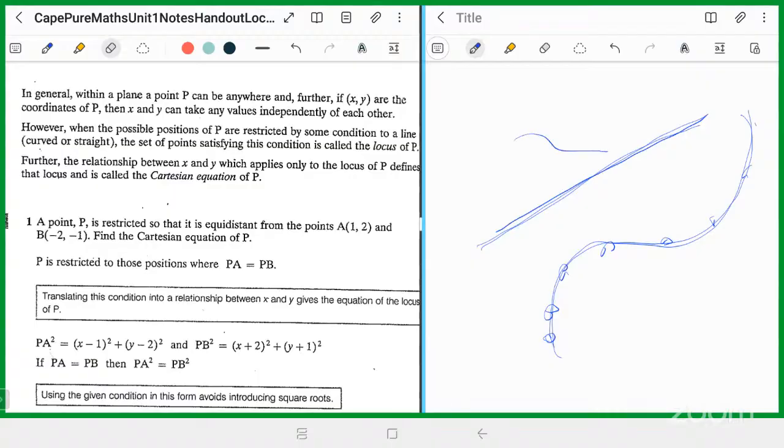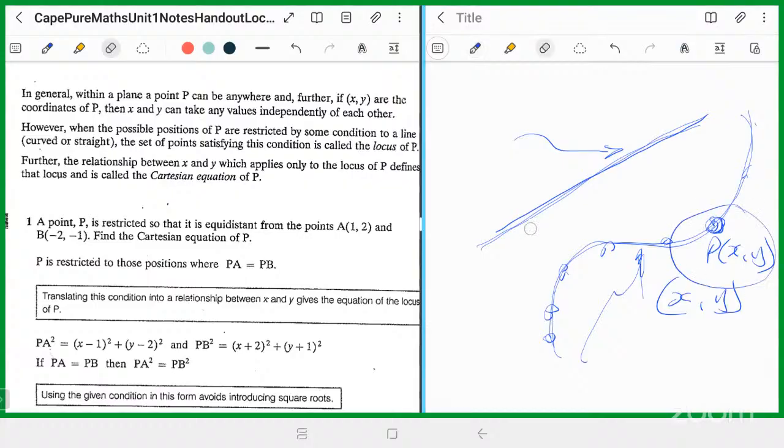The equation of this line or curve would be the locus of that point. You can get the equation in terms of x and y if you call that point P(x, y). We define conditions that define how the point moves.